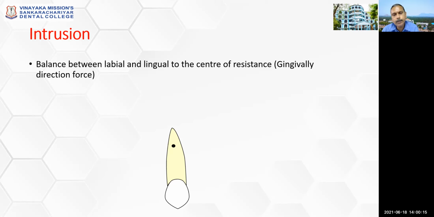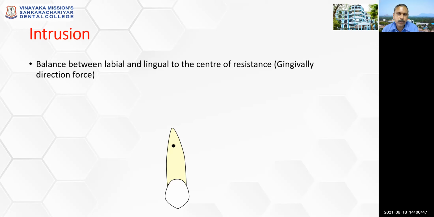This is a 2D picture what you see. But you take any object which is 3D. These are all 3D objects. So the center of resistance is neither labial nor lingual. It is in the middle between the labial and lingual. That is why I mentioned there for you to understand. It is a balance between labial and lingual to the center of resistance. See, the center of resistance is between the labial and lingual in the apical third of the root of the tooth.